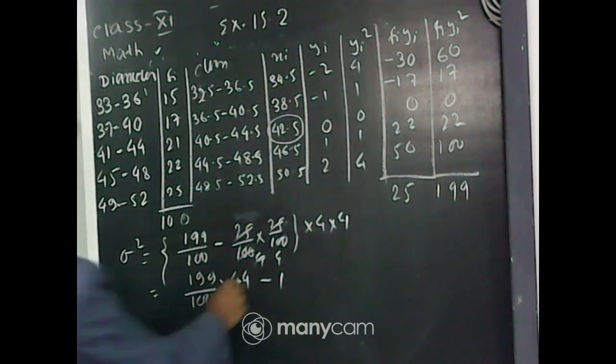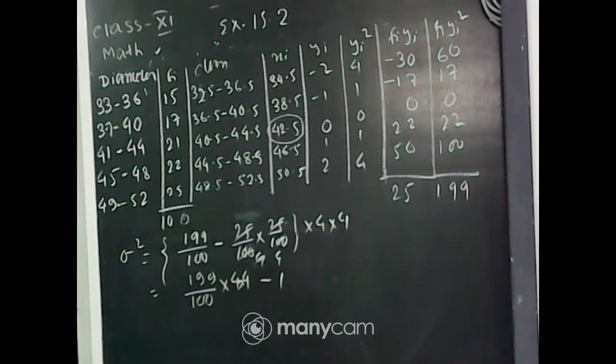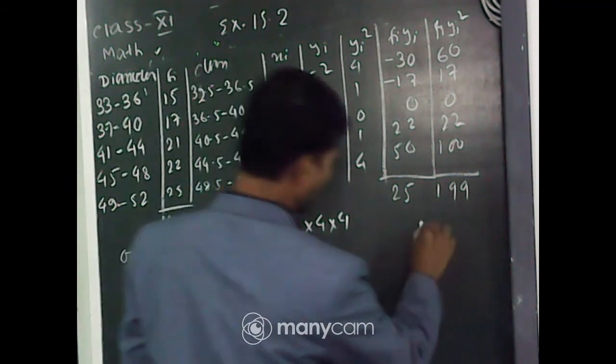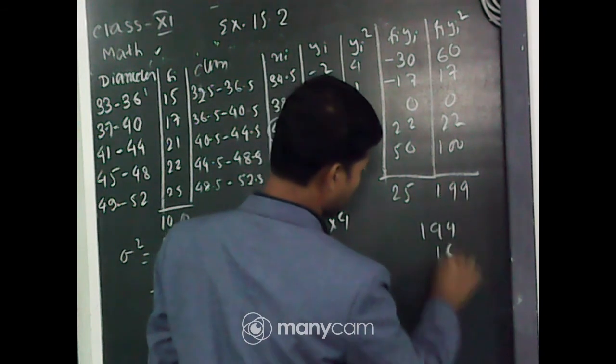So we have to multiply 16 into 199 and then divide it by 100. So multiply 199 and 16.